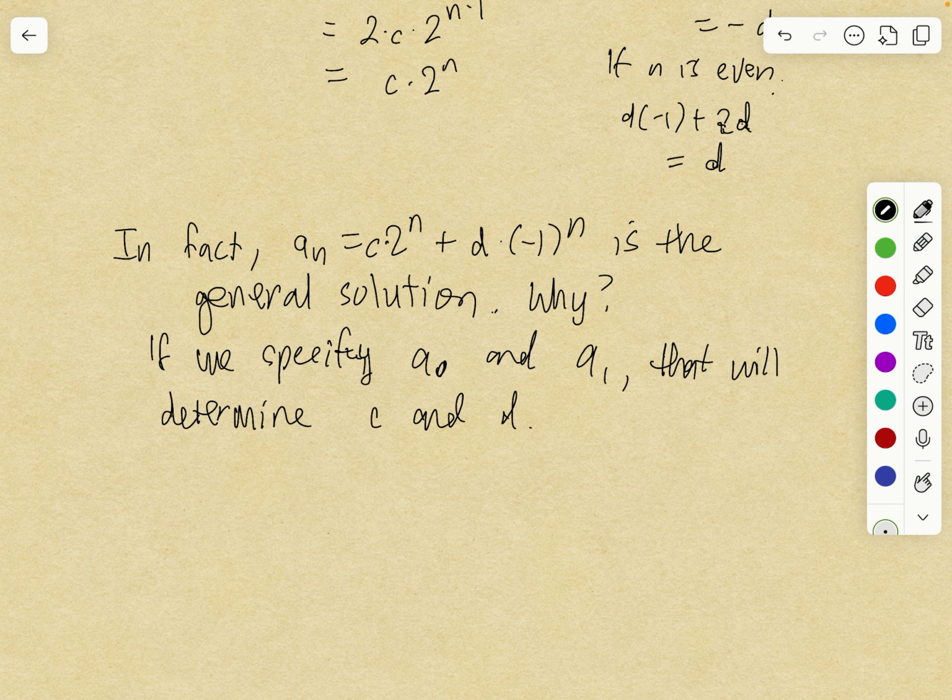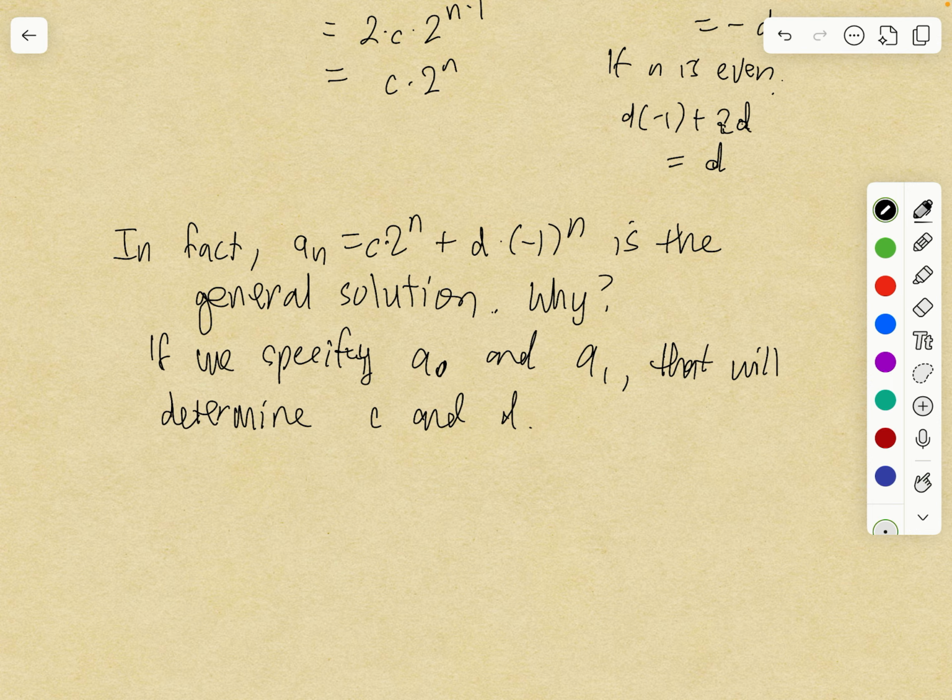So in other words, there's exactly one choice of c and d that will satisfy the recurrence once we specify the initial conditions. And when we specify the initial conditions, there can be at most one solution that works. So, right, because once you know what a0 and a1 are, you can use the recurrence to figure out a2 and a3 and a4 and so on.